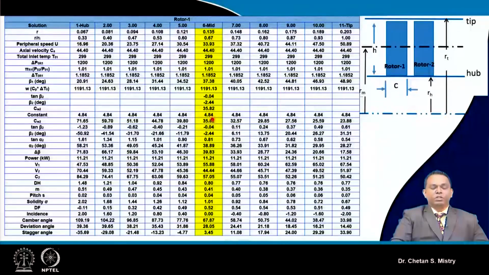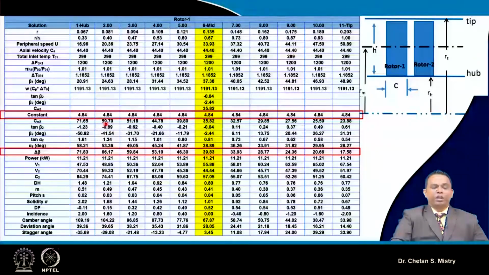As we have discussed, we have CW times R constant, and based on that we are calculating what my CW2 will be. Once CW2 is known to us, we can do the calculation for different flow angles, and that gives me my delta beta varying from 71.83 to 17 degrees.